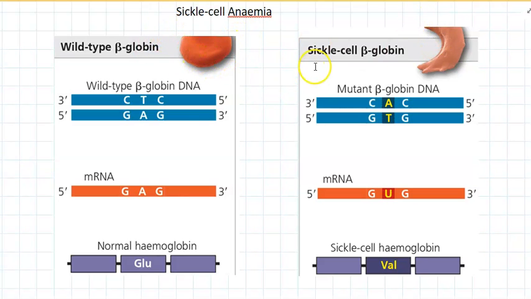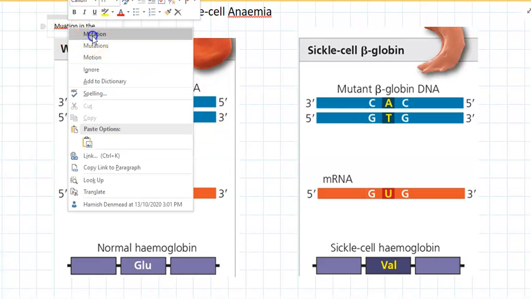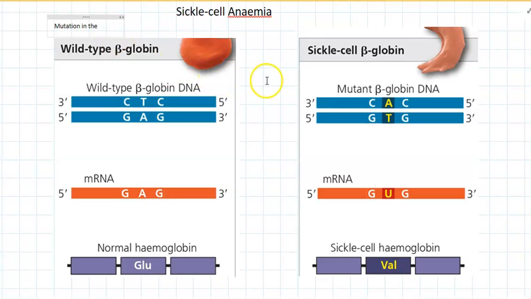And the reason for this is because there's a mutation in the hemoglobin gene in people with sickle cell anemia. And it's actually in the beta hemoglobin gene. There's actually 2 hemoglobin genes, but we don't need to worry about that now.